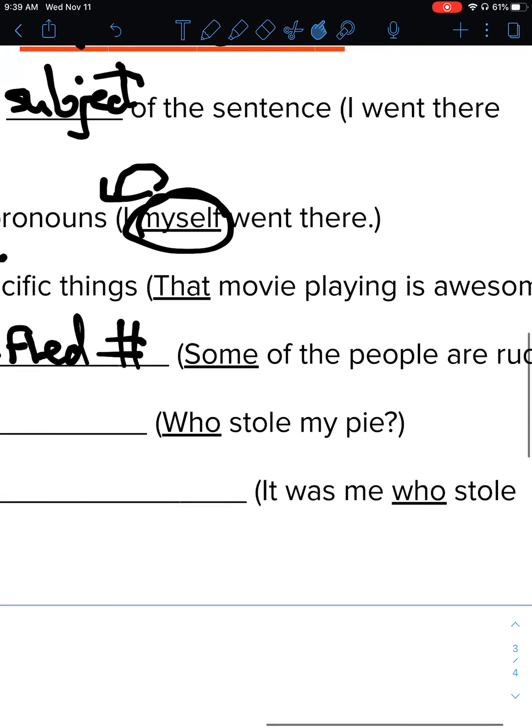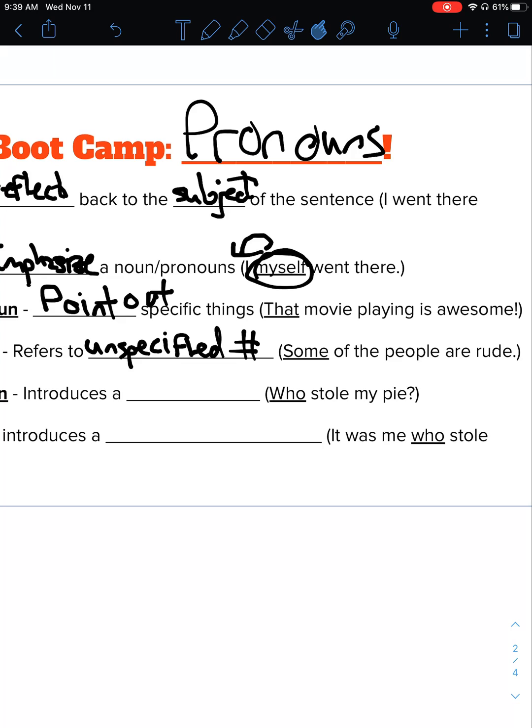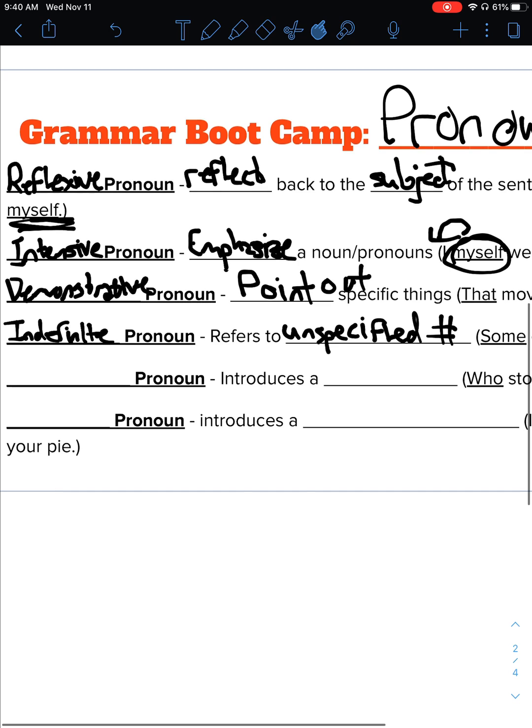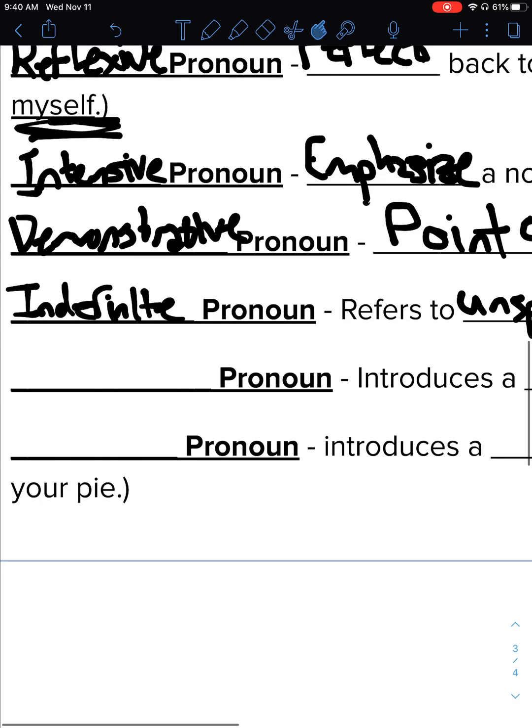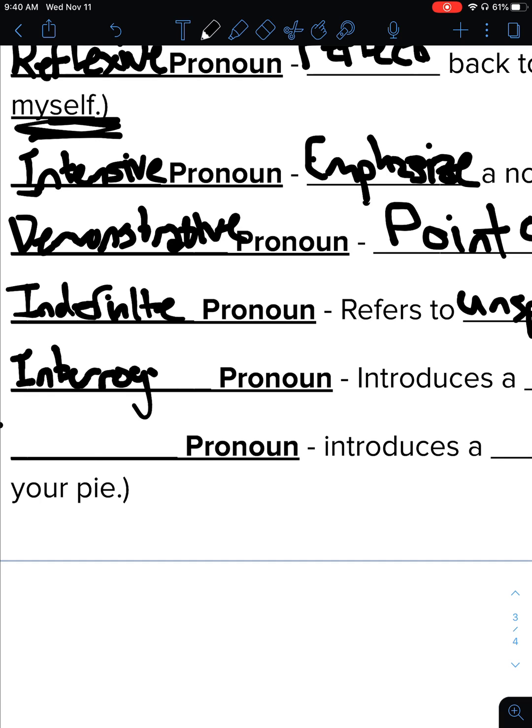So some of the people, none of the people, many of the people, a few of the people. They're not giving us a specific number like 3 people or 12 people or 1 person. They're saying an unspecified number. And yes, none is technically an unspecified number here because you're saying none of how many? We don't know.